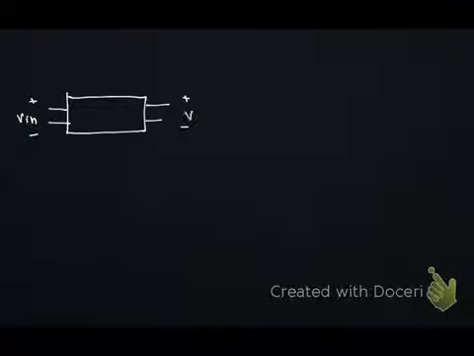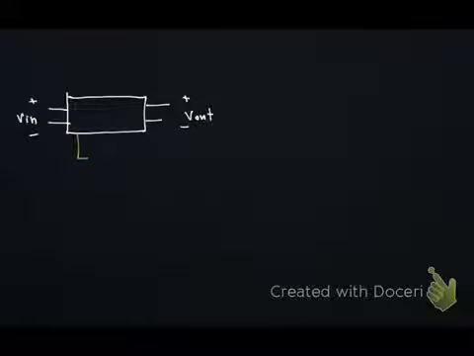So in general, if you have a two-port network like this, so you've got a certain input voltage, certain output voltage, and there's also your input and output currents.